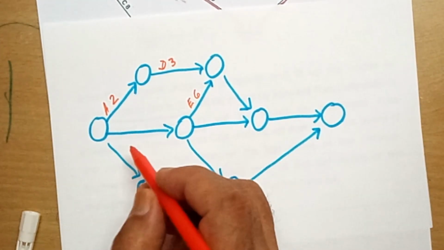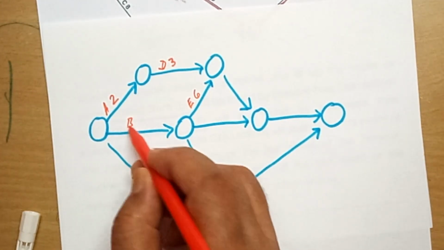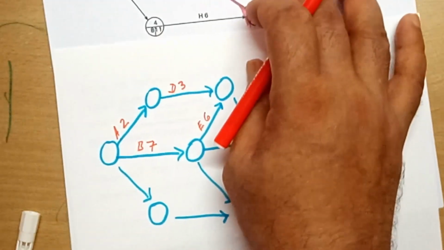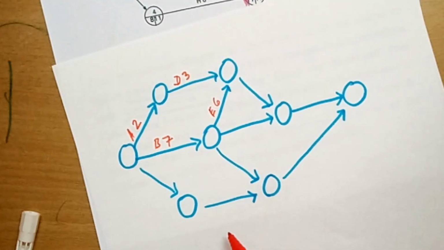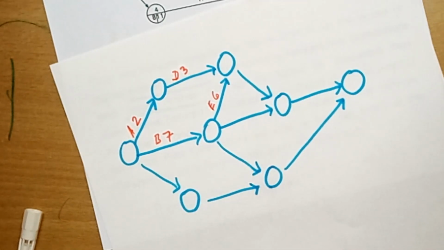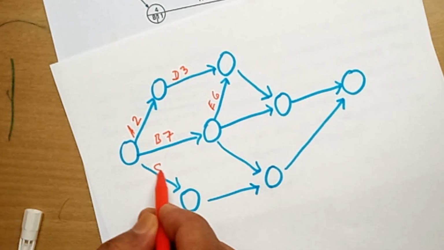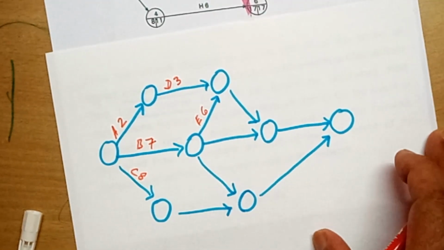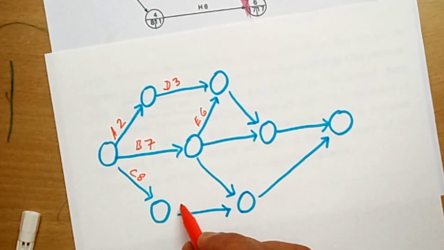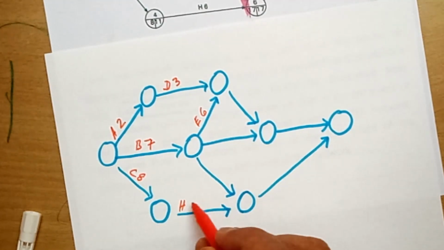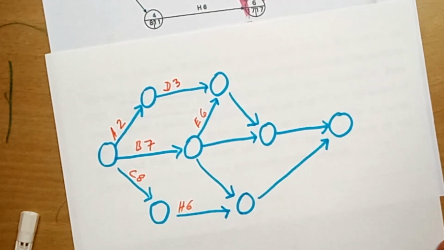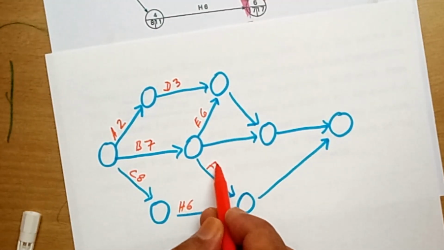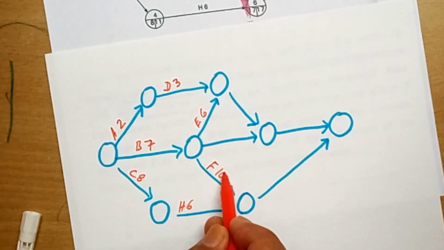Activity B, duration 7 days. This is activity C with duration 8 days. Activity H with duration 6 days. Activity F, duration 10 days.